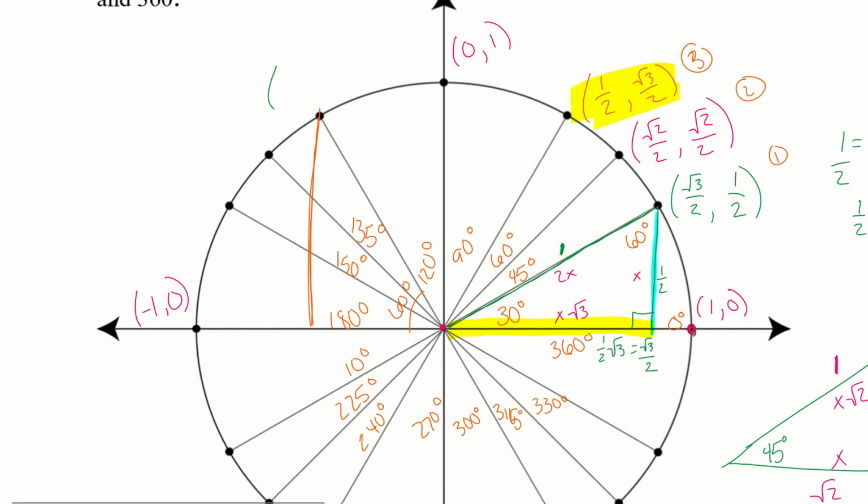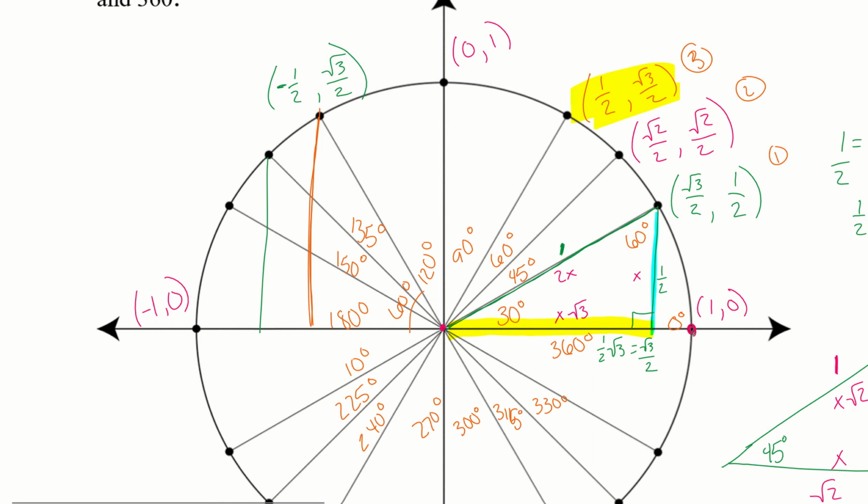We should end up with the same values, but there's one thing. Remember, we are on a coordinate plane, and we are in quadrant number 2, and so that means our x values are all negative. So that means I should have a negative 1/2 and then root 3 over 2. All right, next I have my 45 degrees. Remember, it's an isosceles triangle.